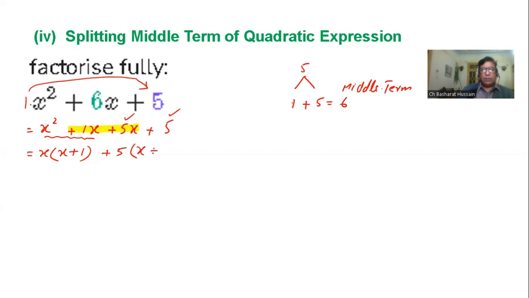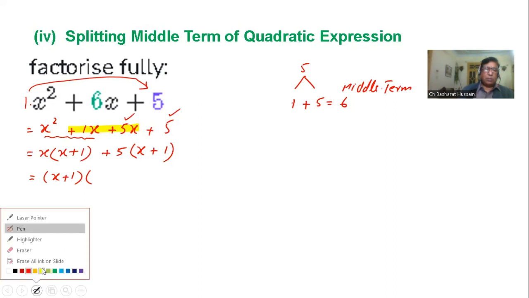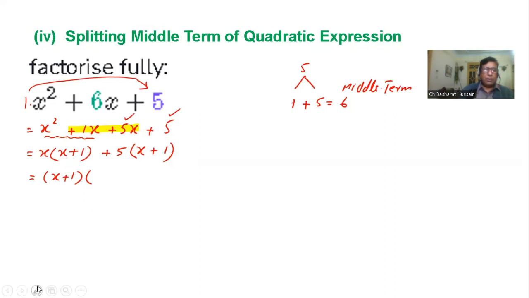So x plus 1, and what is left over here? As these two brackets are equal, x plus 1, x plus 1. You must check these two. They must be equal. Otherwise, your factorization is not correct if these are different. So after splitting the middle term, these two must be equal.